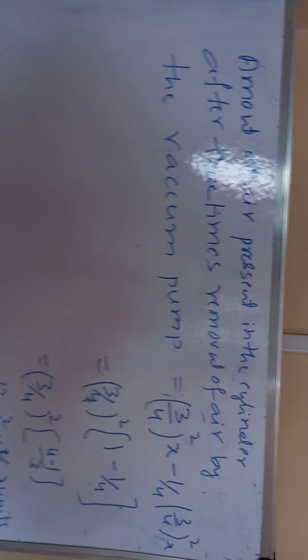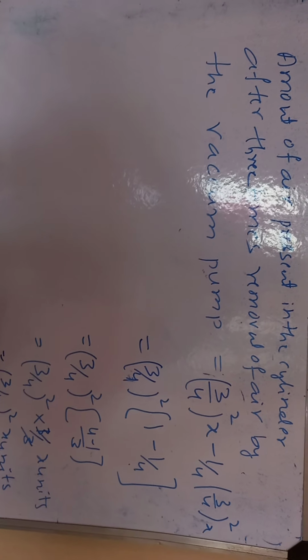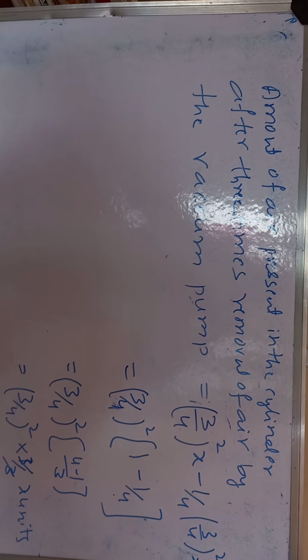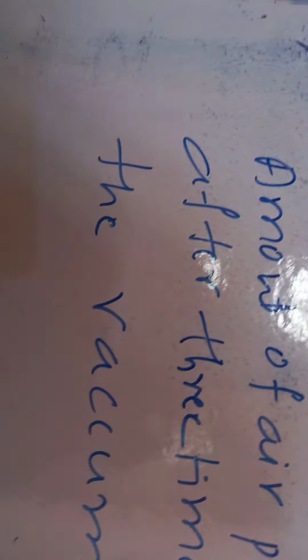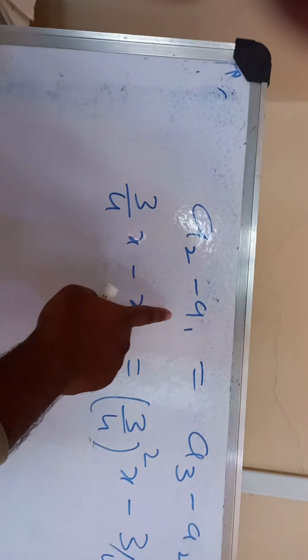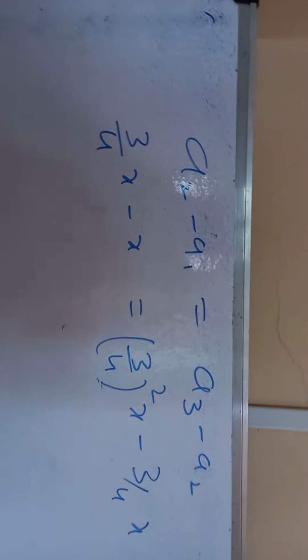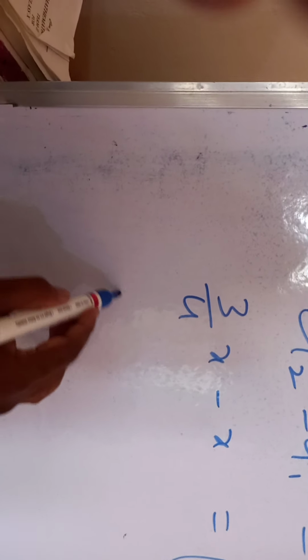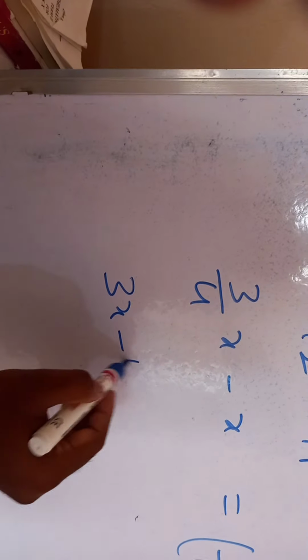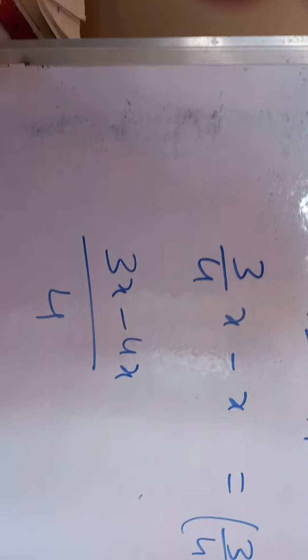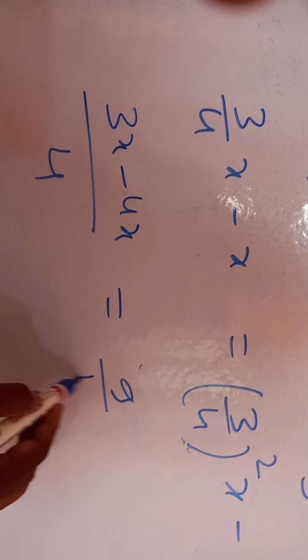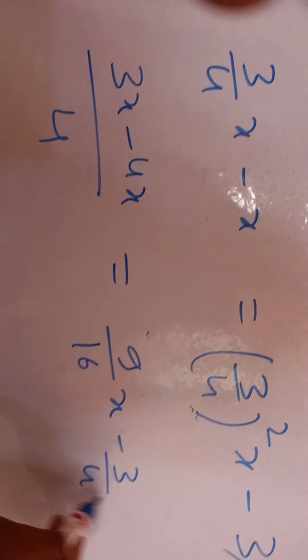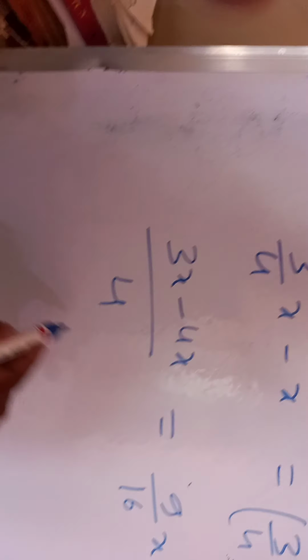Now we should check whether this procedure, the removal of the air from the cylinder, makes an AP or not. Check it out. a2 minus a1 should be equal to a3 minus a2, meaning the common difference should be the same, only then you can say it is an AP. 3x minus 4x by 4, that is minus x by 4. And 9 by 16 x minus 3 by 4 x, LCM is 16, 9x minus 12x, that is minus 3x by 16.